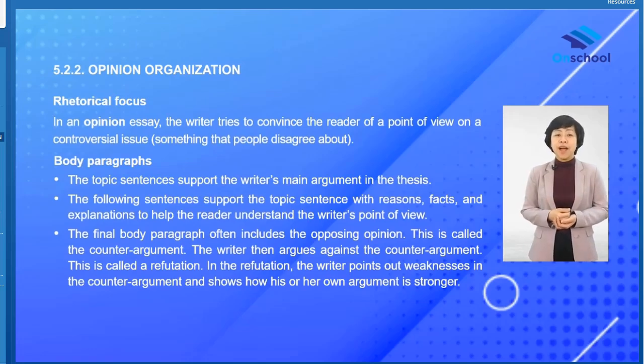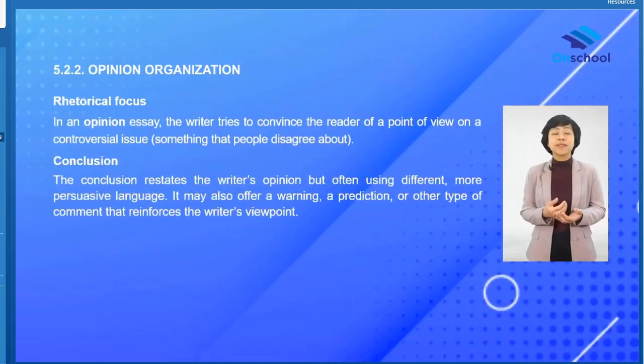In the refutation, the writers point out weaknesses in the counter-argument and show how his or her own argument is stronger. The last part is conclusion. The conclusion restates the writer's opinion, but often using different, more persuasive language.